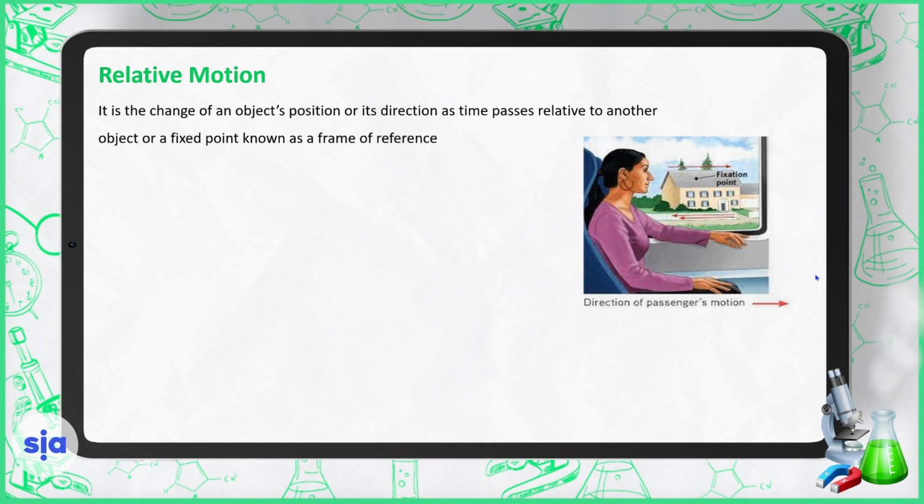You're moving to this side and the fixed objects outside the train seem as if they are moving in the opposite direction. This is relative motion. Again, it is the change of an object's position or direction as time passes relative to another object or a fixed point known as frame of reference.